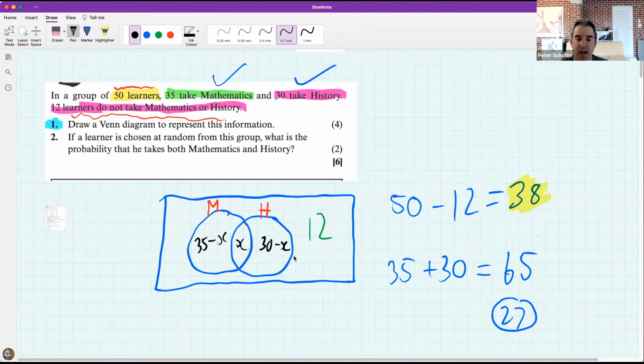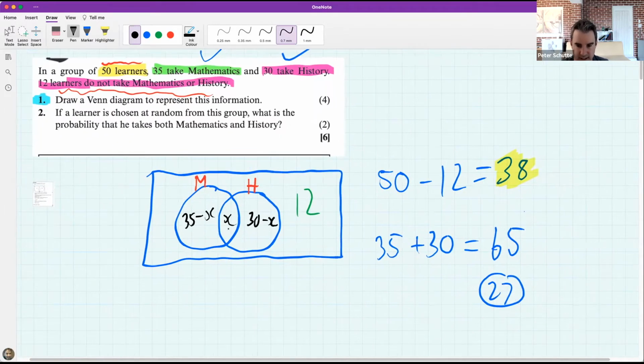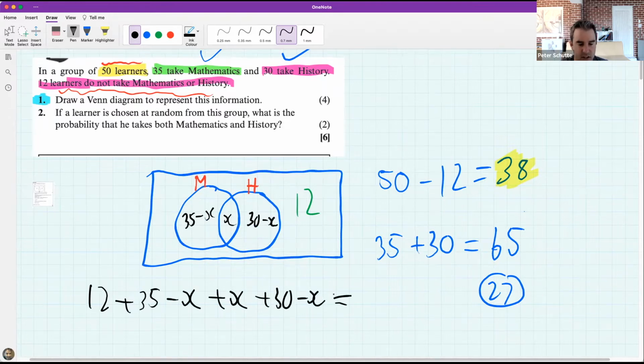Okay. So now we've got the three regions, but we don't know what the X is. So what do we need to do in order to build an equation and solve for X? What do you think we need to do? What number do I need to use that I haven't used? If I go 12 plus 35 minus X plus 30 minus X, it's going to be equal to something.